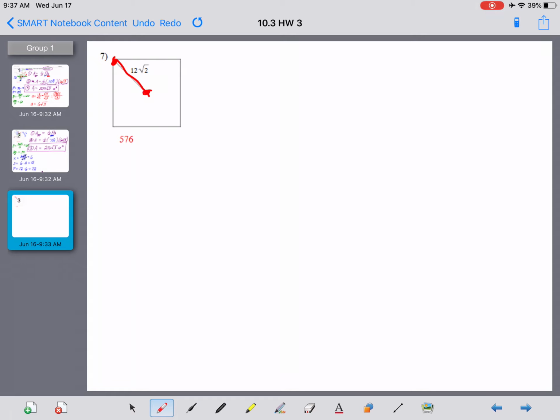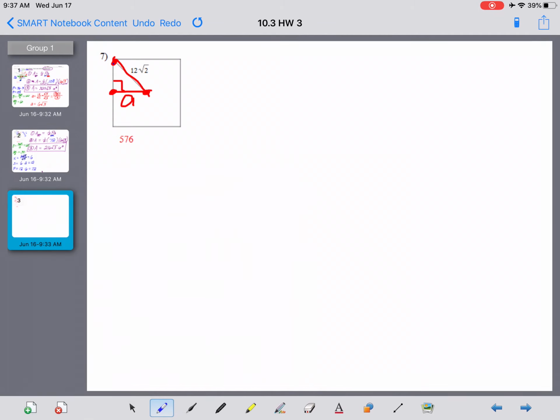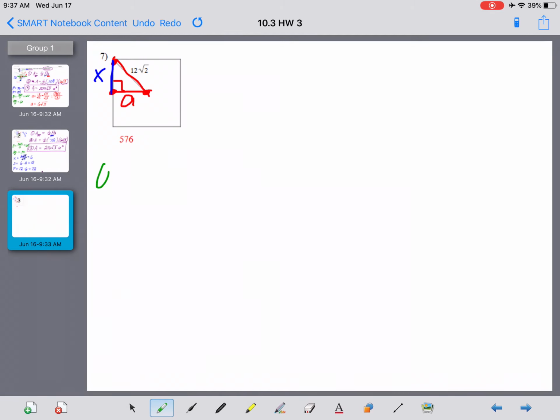So there's your radius. And the apothem then, I'm going to draw this one to the right, comes right over here. So that's A. We know that this is a right angle. And what we also created right there was this little piece right here, and we always call that x. Okay, what kind of triangle did we just form? Well, to figure that out, we've got to find the measure of our central angle.